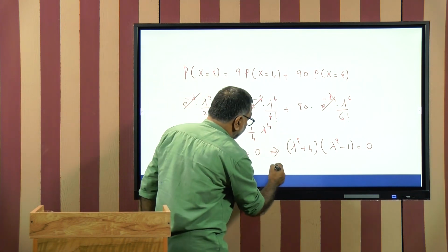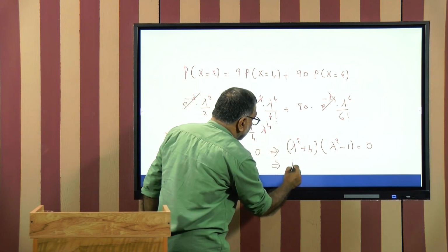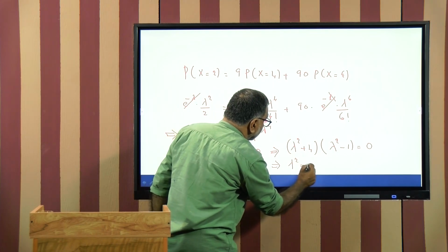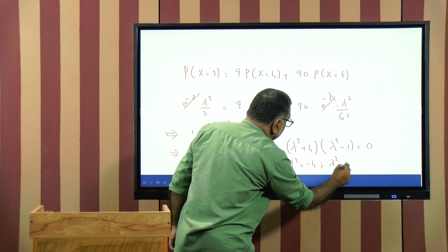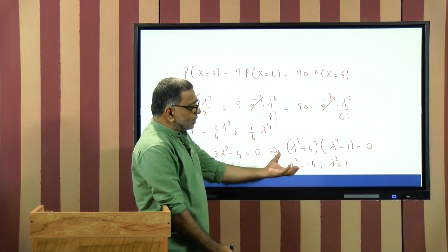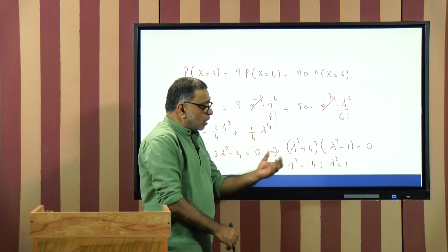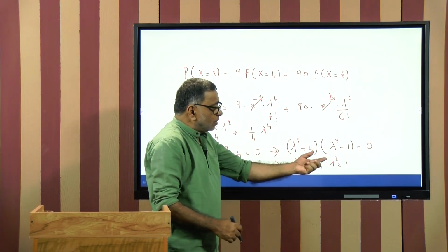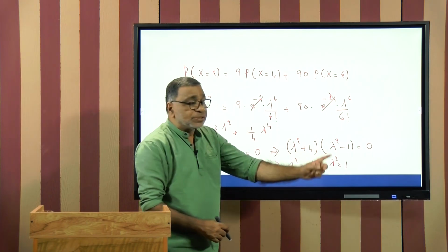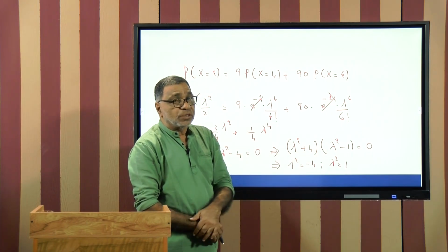And see, from here lambda square is equal to either minus 4 or lambda square is equal to 1. And this lambda is positive, so we cannot take lambda square equal to minus 4. And lambda square equal to 1 implies lambda equal to minus 1, which is also not admissible.